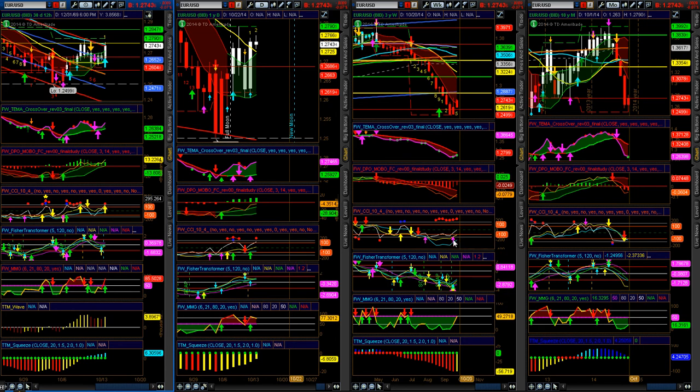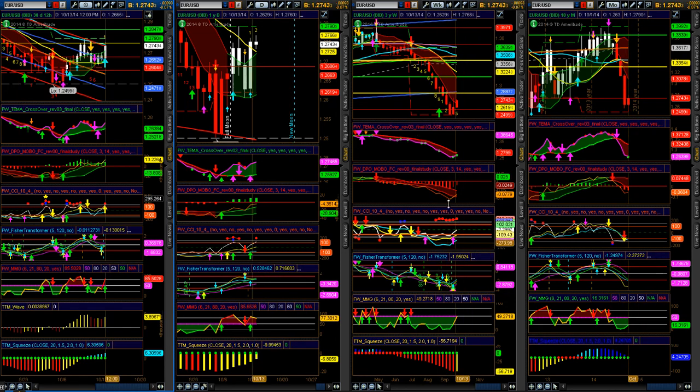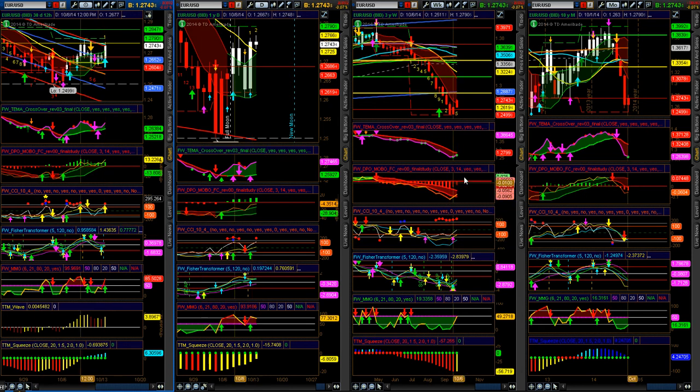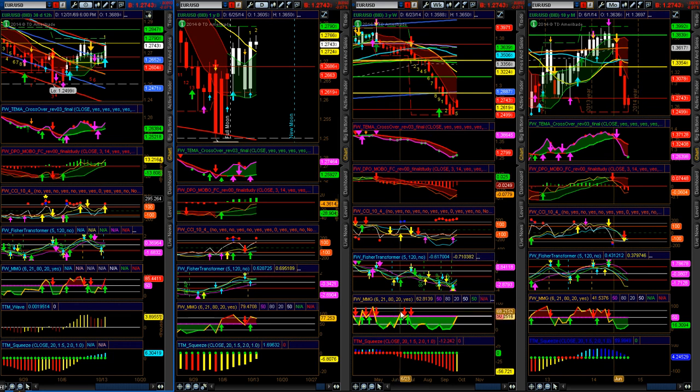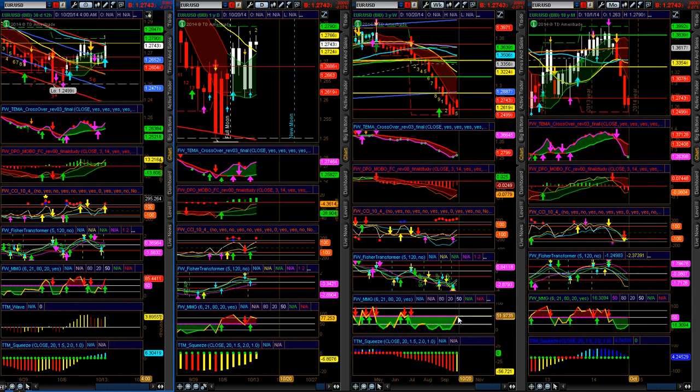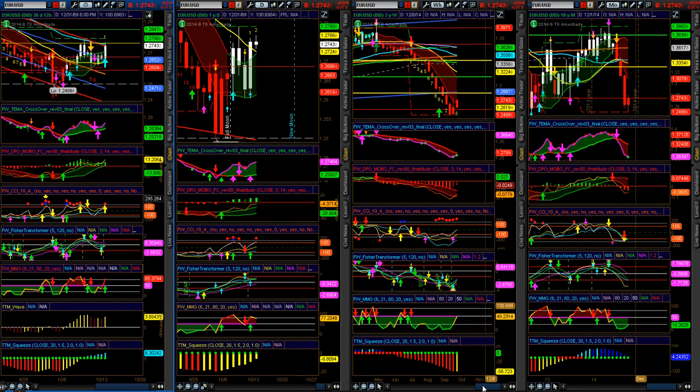This is not looking too good because the 50 is still in the very bearish camp. TEMA hasn't crossed positive. The MACD is pushing higher in the weekly, and then we're back here like in the MMG: we went up here, failed, tried to go up, failed, and now we're here. So if we could get above the 50 and push higher and at least get to the 80, then I could say maybe this pivot low is in for now.